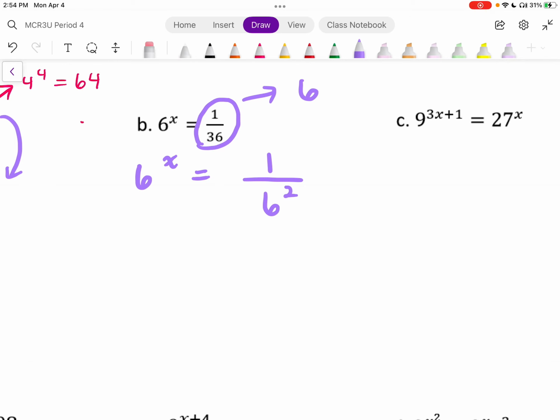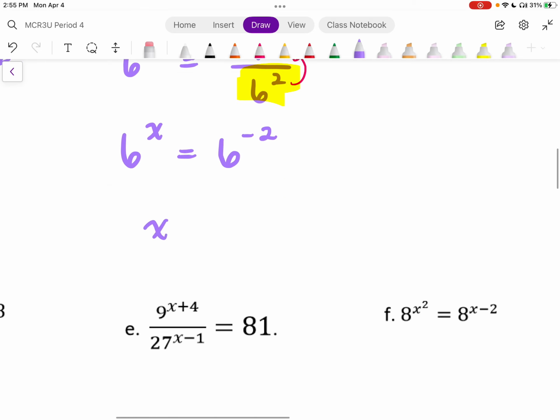And I can make this a base x by simply moving this from the bottom to the top. Every time I move an exponent from the bottom to somewhere it doesn't necessarily want to be, I just make the exponent negative, so it becomes -2. So I know that x is equal to -2.